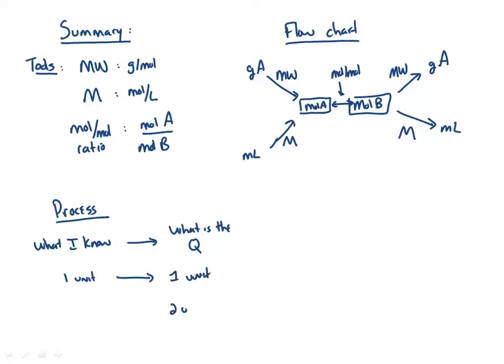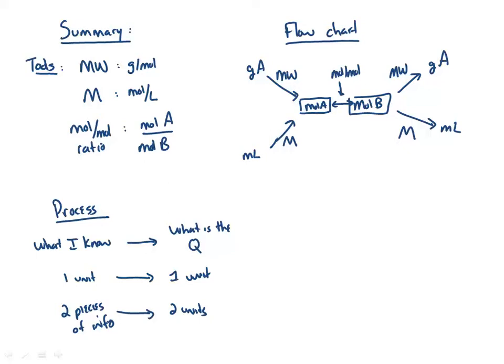If you have 2 units, like moles per liter, then you better start with two pieces of info. Meaning, apply some logic to these questions. If you're asked to find 1 thing, start with 1 thing. You're asked to find 2 things, start with 2 things. That should get you through a lot of the problems.